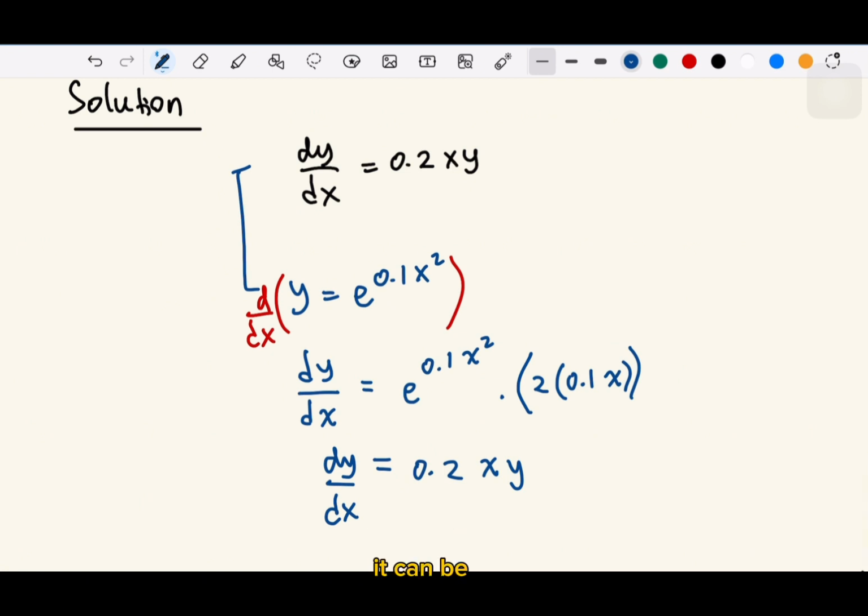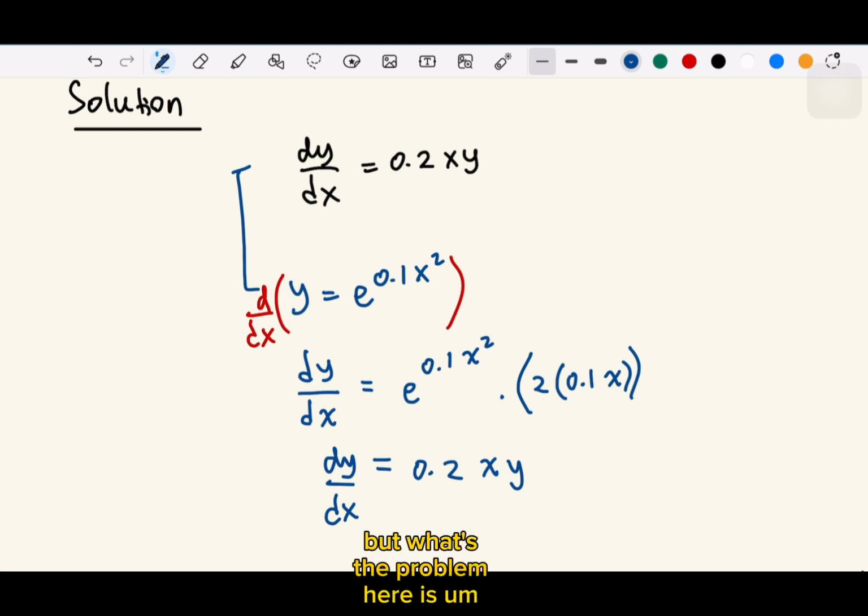So it can be a solution for many problems in engineering math in our course, okay? Because you can utilize it in most cases, and it will be very important. But from what we have proven here, it's true that this is one of the solutions for our differential equation, okay, right?